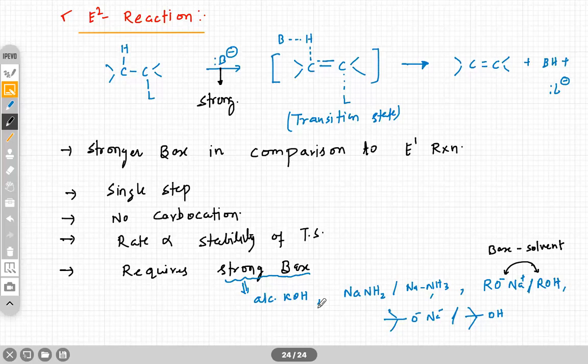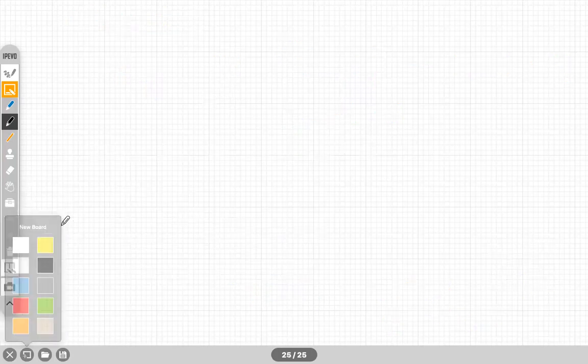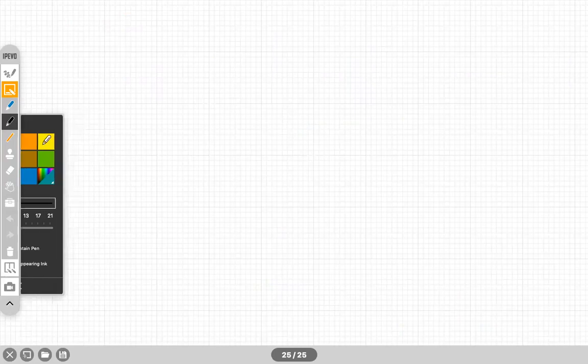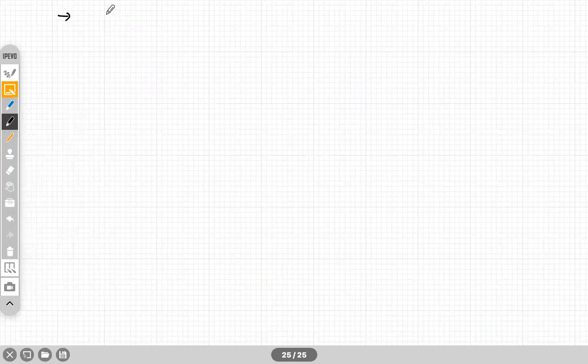Right? Now the next thing is what? The solvent here, like SN2, is also a polar aprotic solvent. Ethers and all we can take for this polar aprotic solvent.